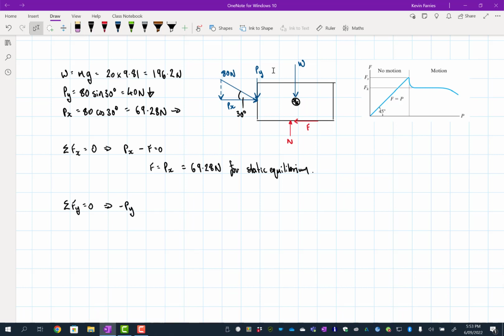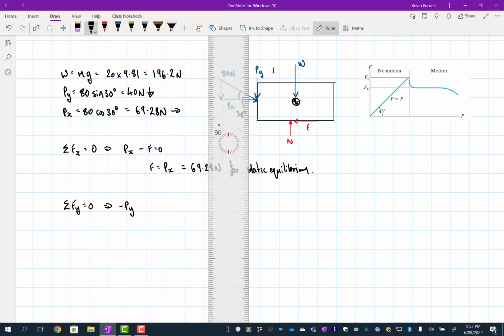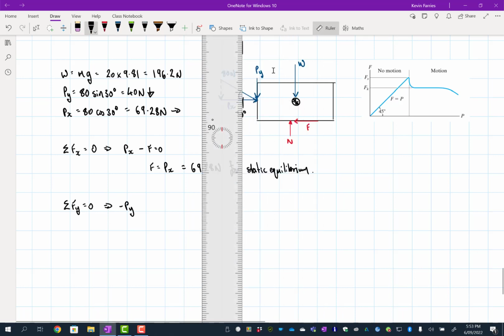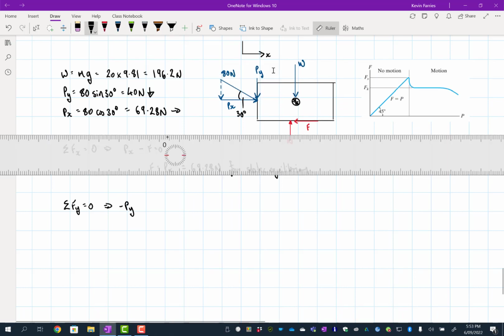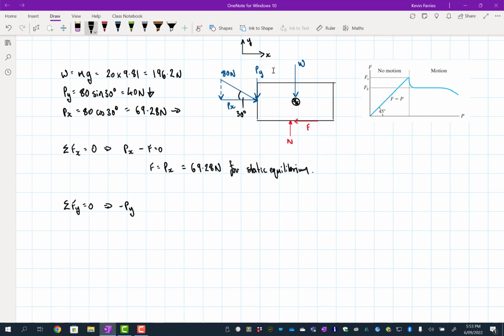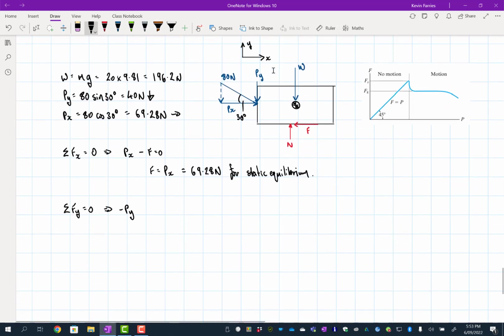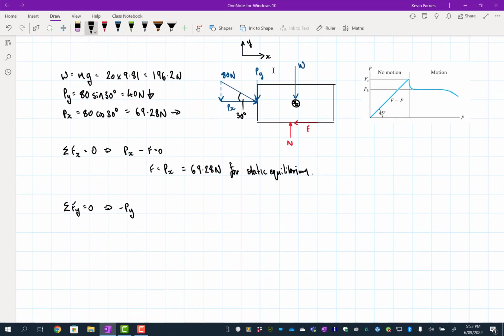We could decide which way we put our x and y axes, but let's just keep them the standard way and just show it so people know what we're talking about. So we're going to have x positive that way, y positive that way. And so we are going to get negative Py, negative the weight, plus N equals 0, and I think that's all the y components.